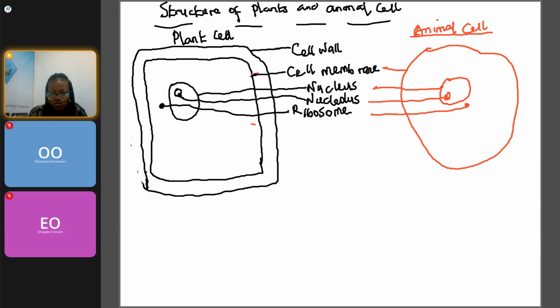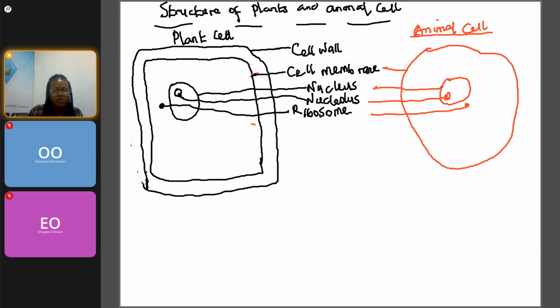It is this nucleus that produces ribosome. Okay, so the function of ribosome is that it produces proteins. Ribosome produces protein. That is the function of ribosome. Okay, don't forget the nucleus controls the cell activities. The nucleus produces this ribosome you are looking at here, and this ribosome helps in producing protein. I believe we are getting it.